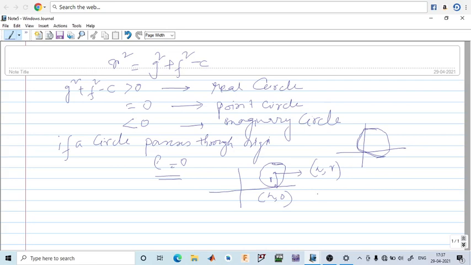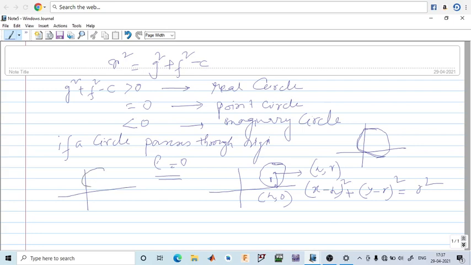So from here, if I write the equation, it will be like this. Clear?